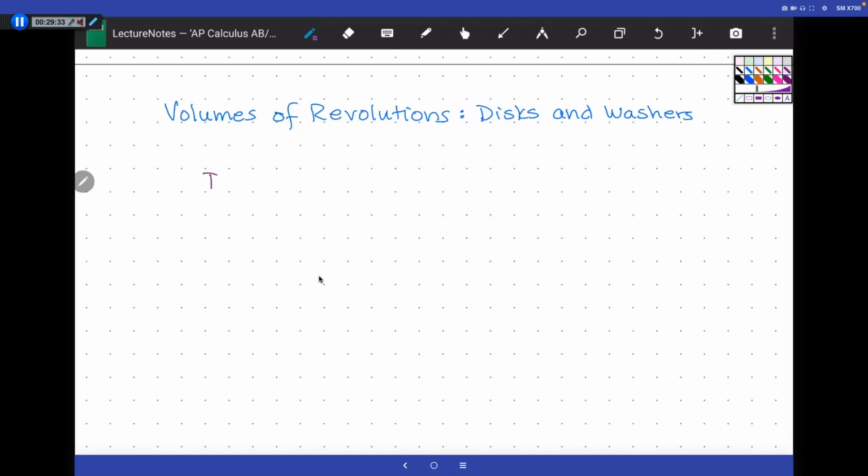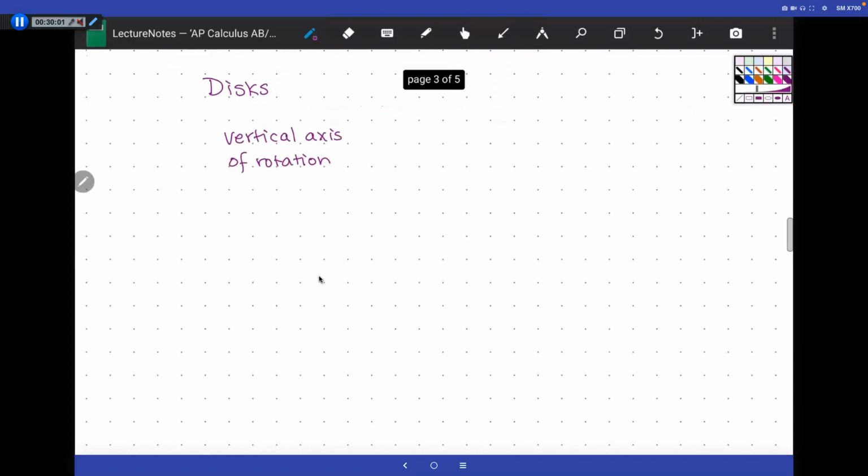So let's first do discs. Now your axis of rotation could be vertical or horizontal. And just like the cross sections, that's what's going to dictate if it's a dx or a dy problem. So if you have a vertical axis of rotation, it will look like this.